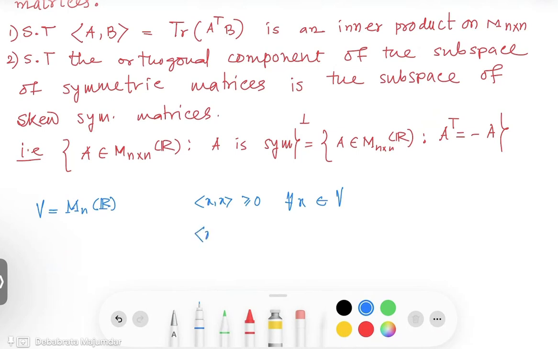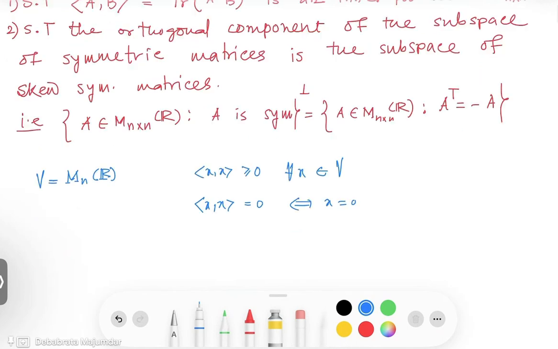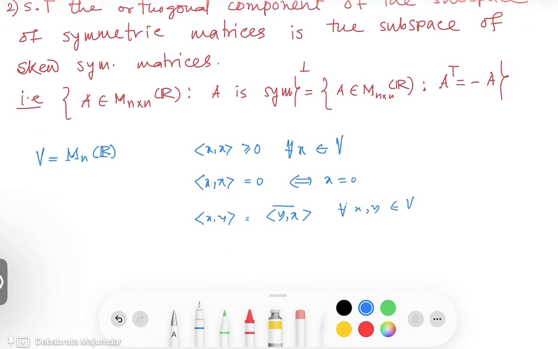The next property is <x, x> equals 0 if and only if x equals 0. What is the third property? <x, y> equals <y, x>, and this is true for all x, y belonging to V. What is the fourth property? <x plus y, z> equals to... So basically the inner product is linear with respect to the first component, right?